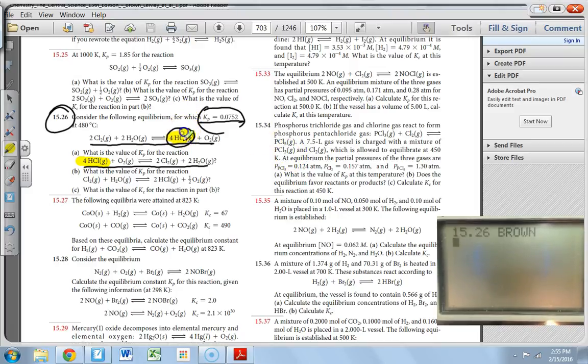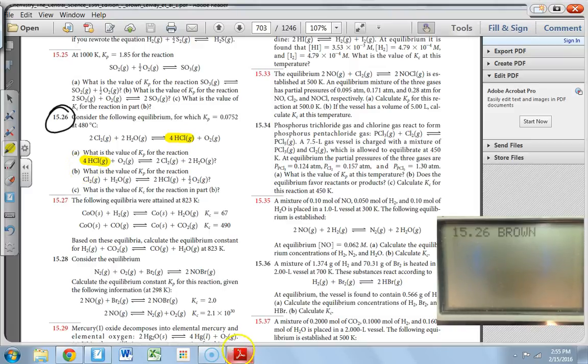To go from here to here, the reaction is just switched around. These products eventually become the reactants, and these reactants become the products. I do that just by looking at what is going on with the one thing. I look here, and then I look here, and I see it switched sides.